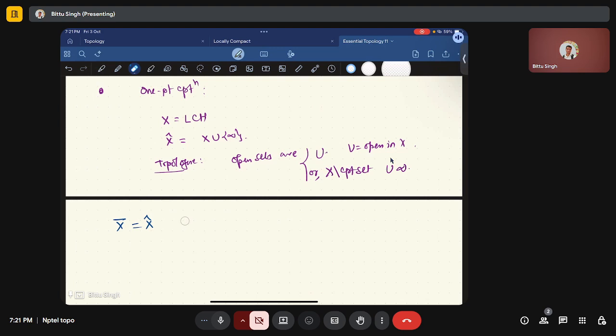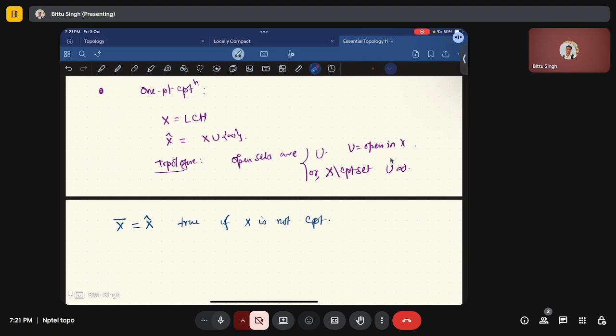So this is true if X is not compact. Because if X is itself a compact space, then the closure will be itself, right? In this case, this compactification is not the same as the definition which is given in the book.